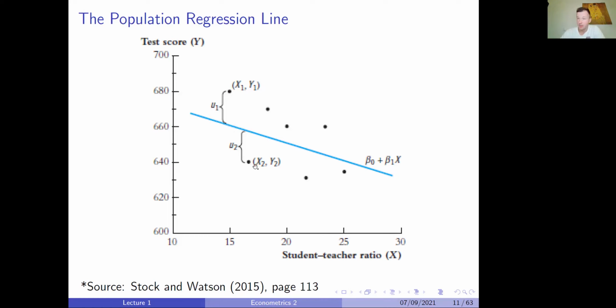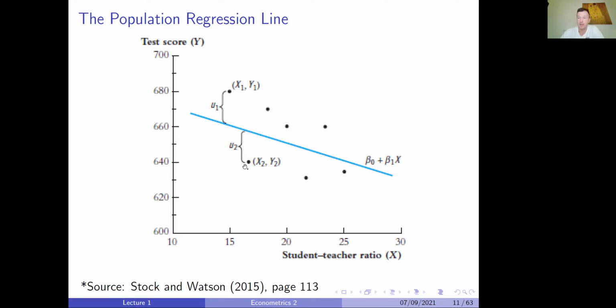We have another observation here for a bit higher student-teacher ratio. We expect the test score to be, let's say, 655, somewhere here. But in this particular district, the real outcome is much lower, 640. Why is it so?